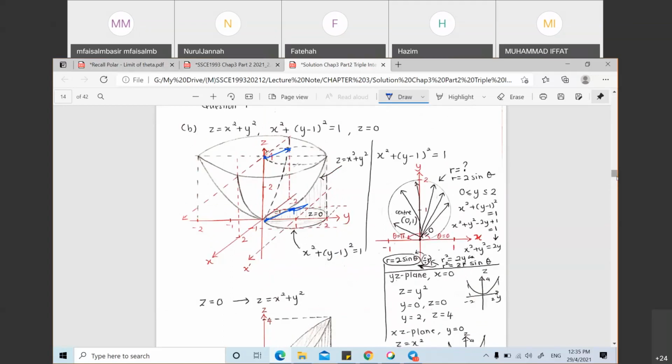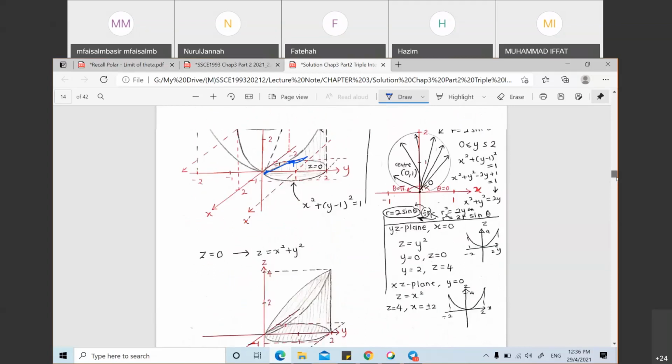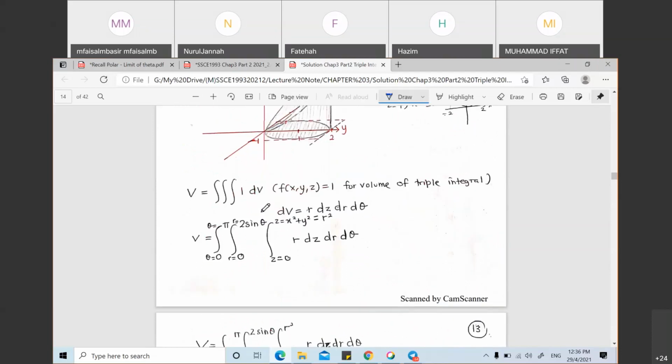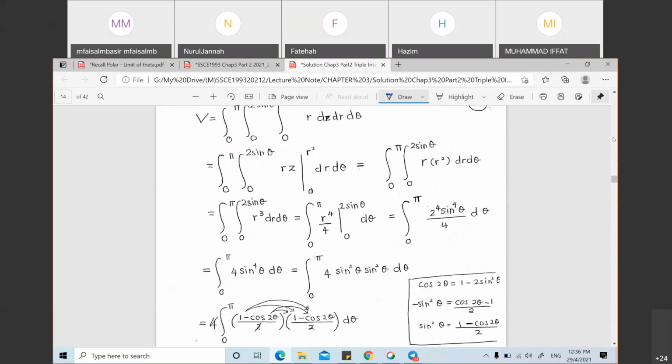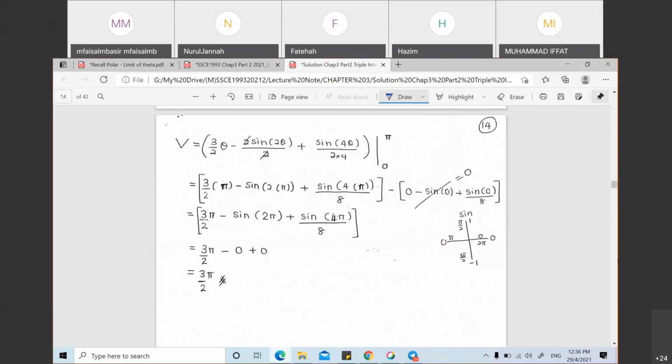So that's why your r is 0 to 2 sin theta. And then your angle, if I take the round shape here, from here to here, is 0 to pi. So this is the challenging part to get, and the others are just formulas. Remember your dV is r dz dr d theta.